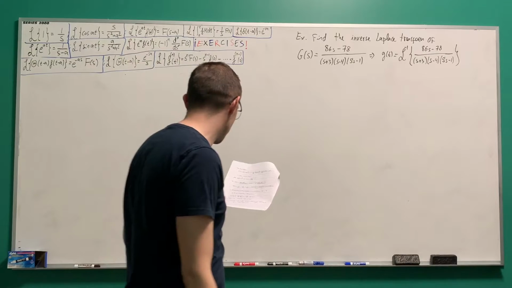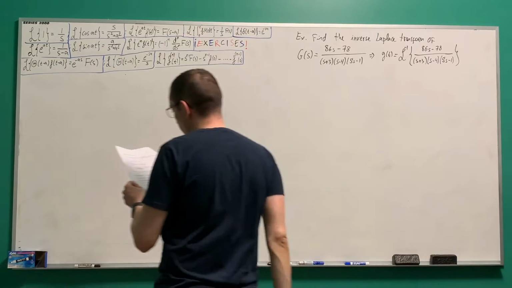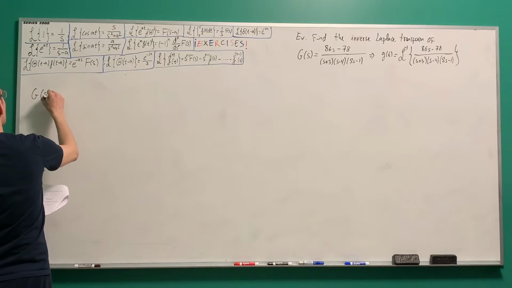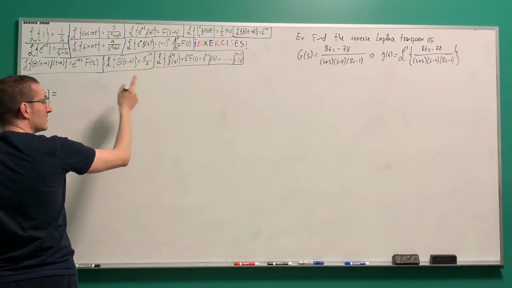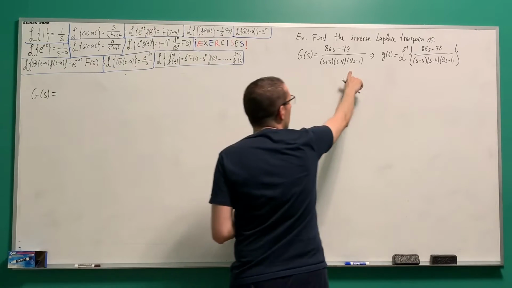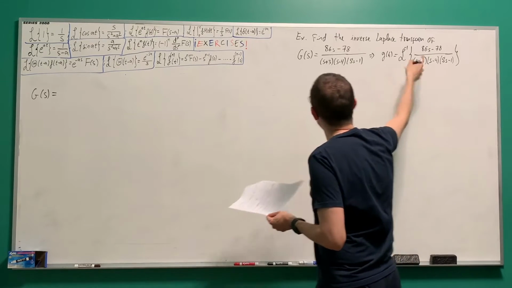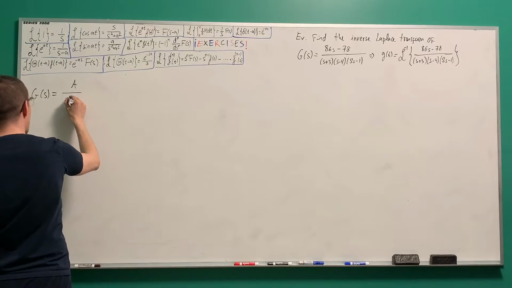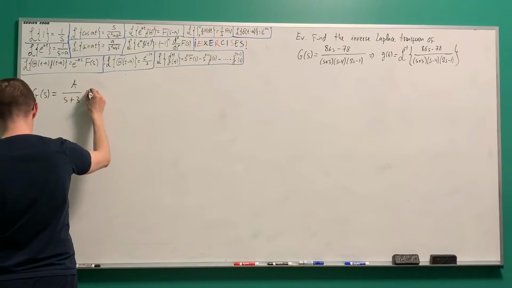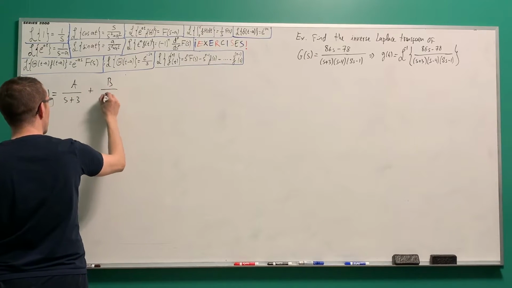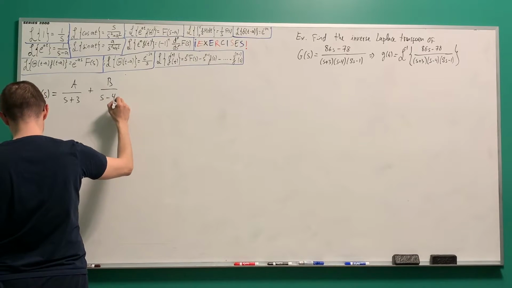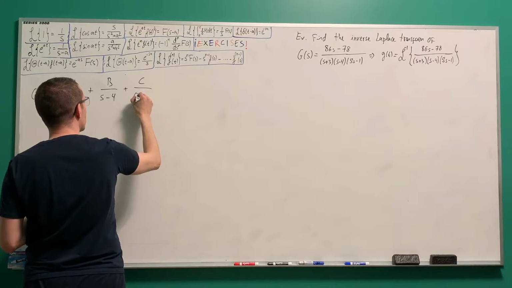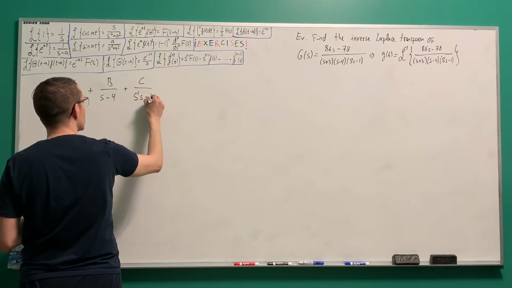So G(s) can be written as three simple fractions: A divided by s plus 3, plus B divided by s minus 4, plus C divided by 5s minus 1.